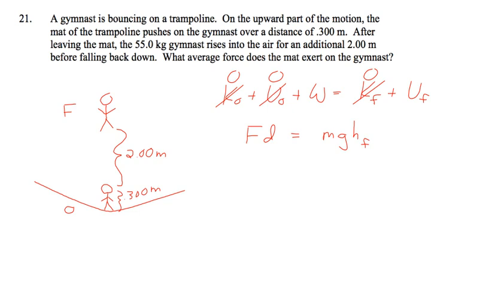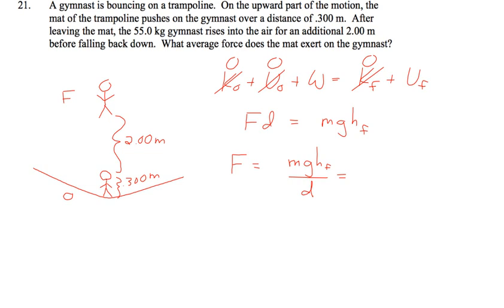We'll get F equals mg HF divided by D. At this point, the only way you're going to get it wrong is if you put the wrong values in for H or D. So let me just do it down below. I'm going to have mg, final height, divided by d.